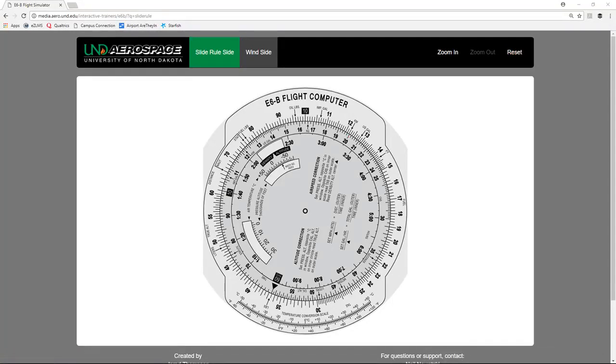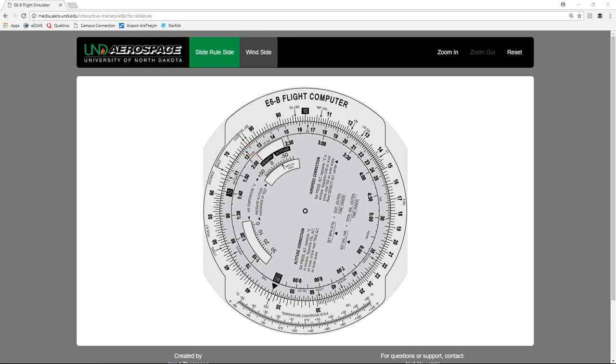Now 20 is aligned with the kilometers arrow, and we can look under the statute mile arrow to determine what that is in statute miles, and it looks to be about 125 statute miles equals 200 kilometers. You can also figure out the conversion to nautical miles if you look at the nautical mile scale here.